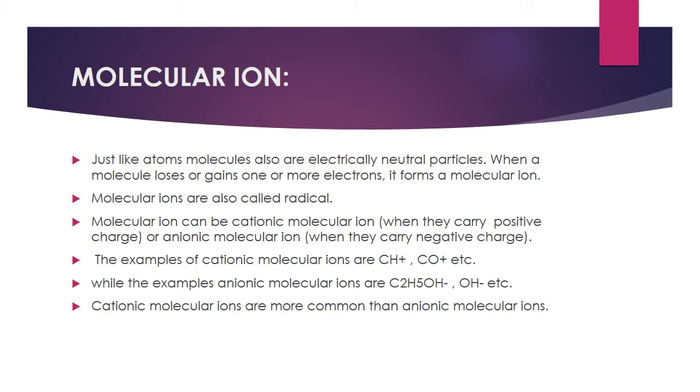So here again in hydroxyl ion, two atoms together in the form of a molecule are carrying the negative charge, not a single atom. Clear? So this is molecular ion, not ion. Cationic molecular ions are more common than anionic molecular ions. This means the positively charged molecular ions are more common than the negatively charged molecular ions. Is it clear?